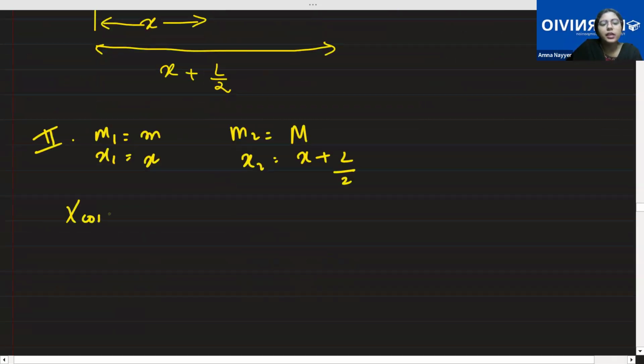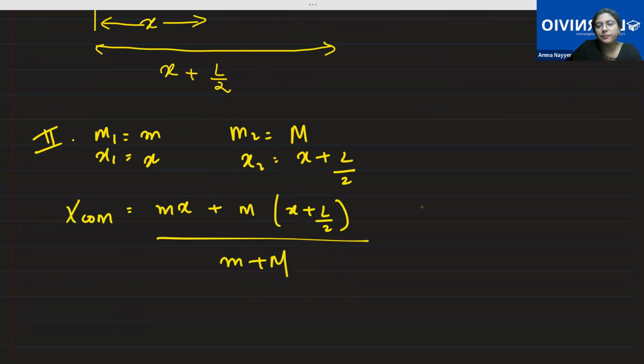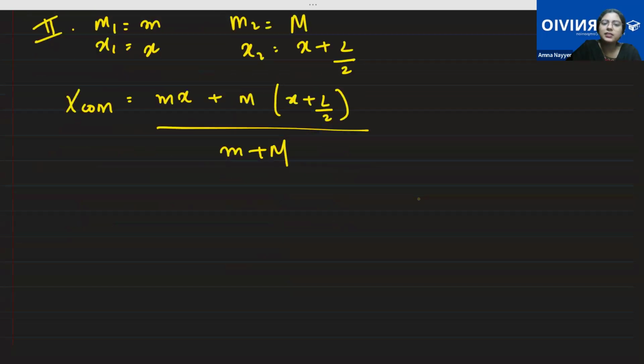Now, you write the position of the center of mass. M1 x1 plus M2 x2 divided by m plus M. So both the centers of mass will be the same.